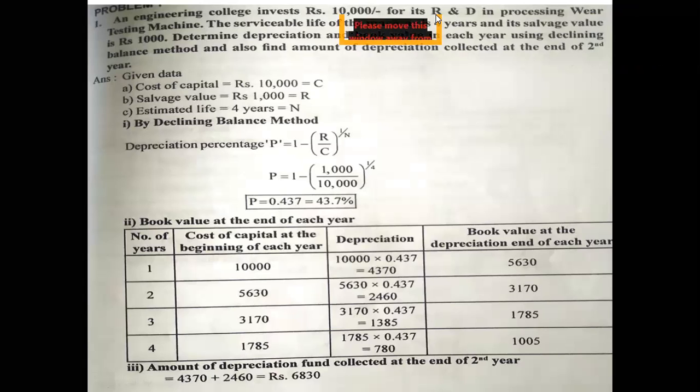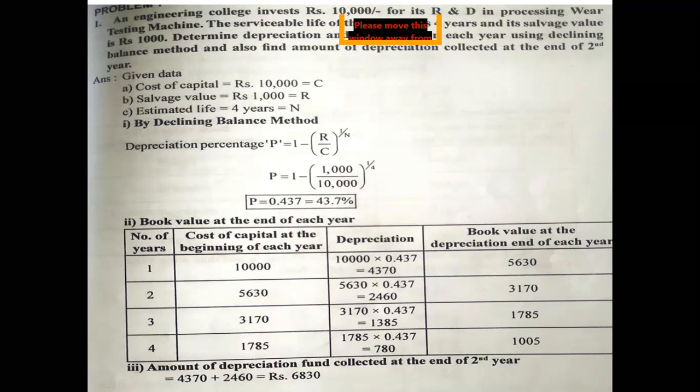The serviceable life of the machine is 4 years, and its salvage value is 1,000 rupees. Determine the depreciation and book value in each year using the declining balance method, and also the amount of depreciation collected at the end of the second year.